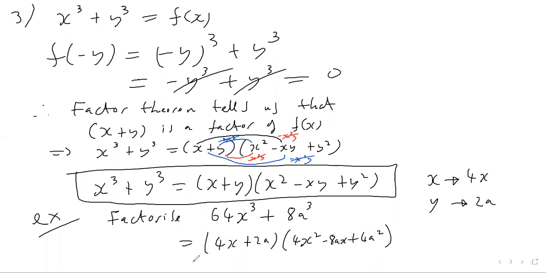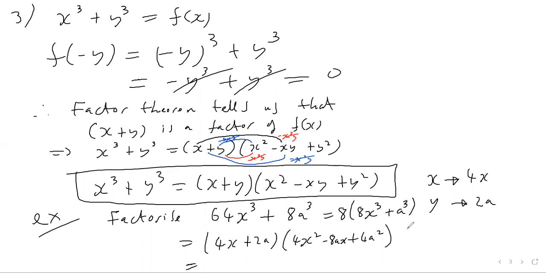Yeah, I mean, we could actually factorize even further because we do have a factor of 8 that goes into both those numbers anyway. So we could have factored out the 8 to start with. That would give us 8x cubed inside the brackets, and then plus an a cubed.